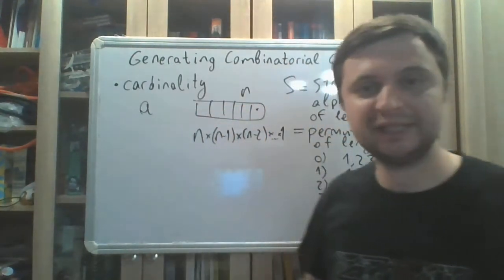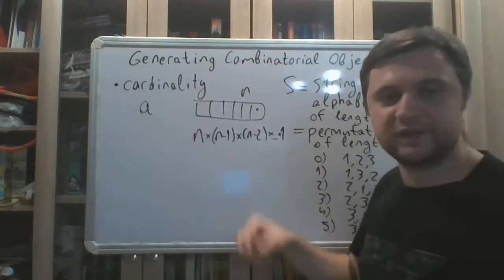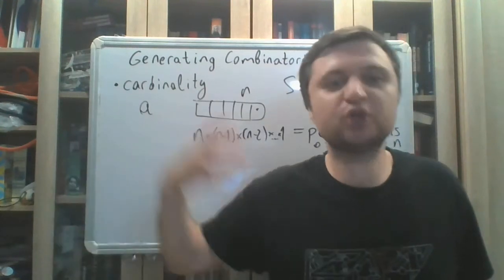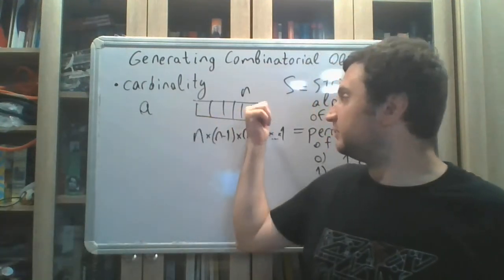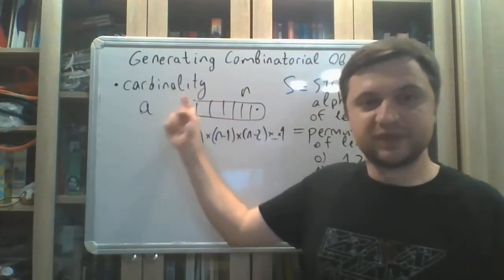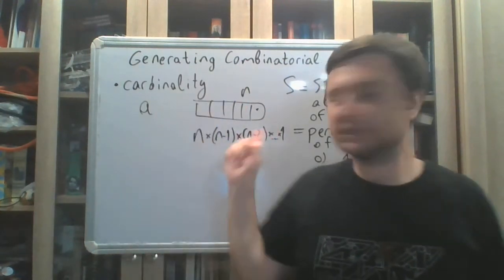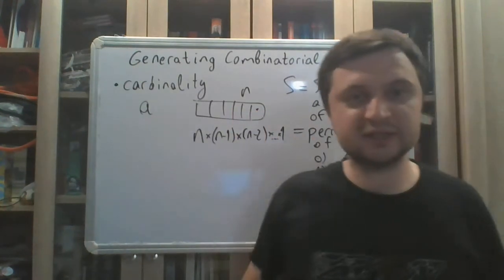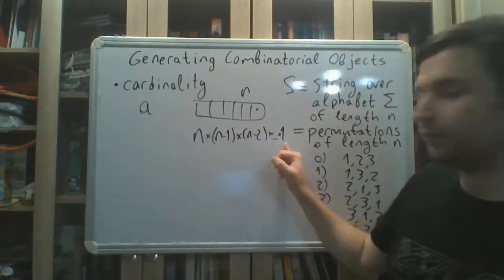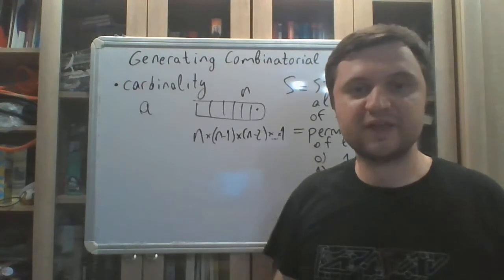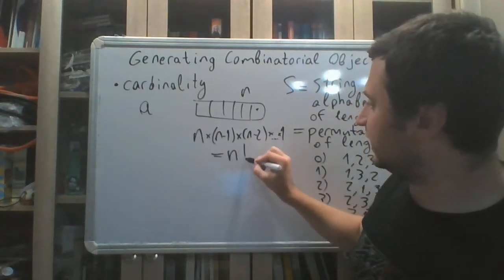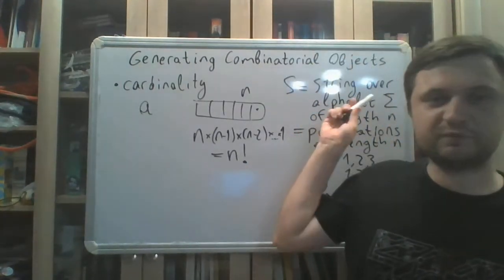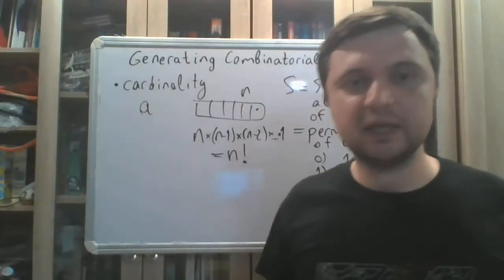So in a permutation, once you have filled in all the numbers except one, the last number can be found deterministically from the previous elements. So there is exactly one option to select this element. And so this is the formula, the product of numbers 1 through n. This is exactly by definition factorial of n. So the number of permutations of size n is n factorial.